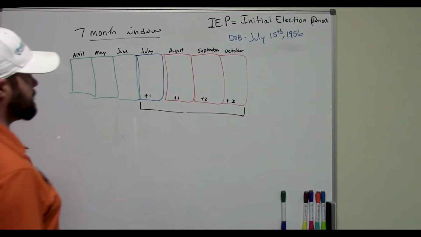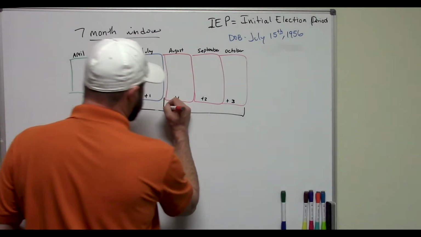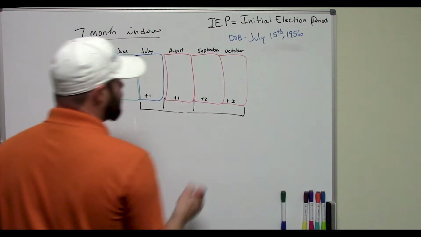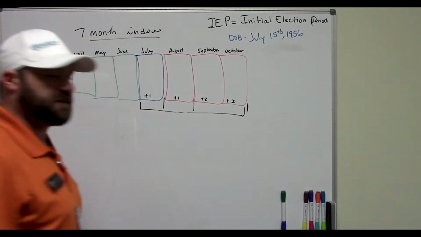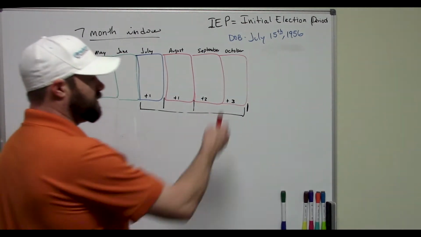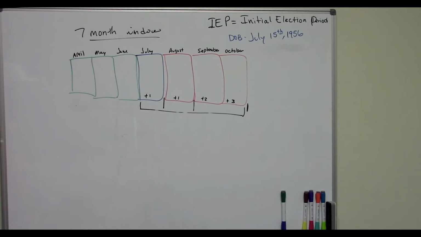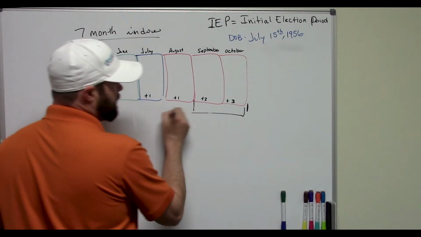What that means is if you enroll in July for your Part A and Part B, your effective date will end up being August 1. If you enroll in August, it'll go to September 1. If you go to September, it'll push it out to November 1. And if you go to October, it'll go November, December, technically January 1 for your effective date. So enrolling on time is very critical when it comes to your Medicare, original Medicare Part A and Part B.